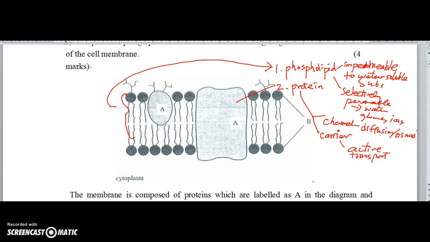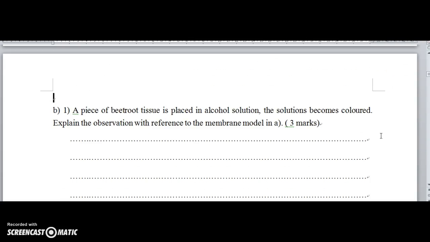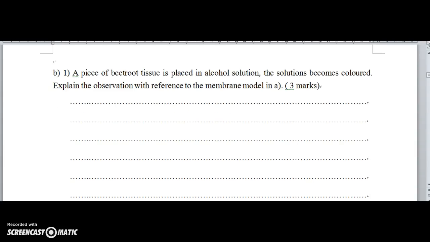Now let's go to question B. In this question, we have a plain beetroot tissue which is placed in alcohol solution, and we see that it becomes colored.